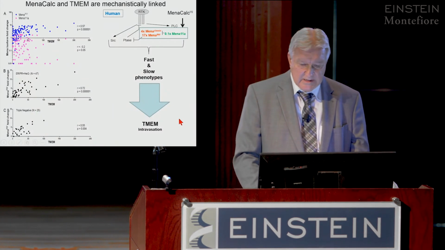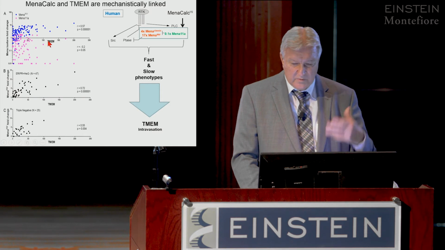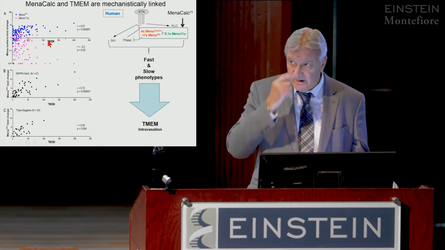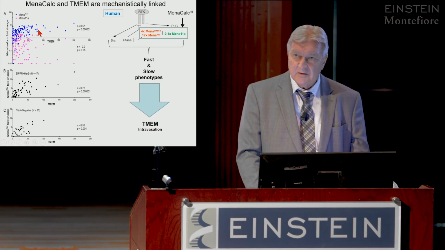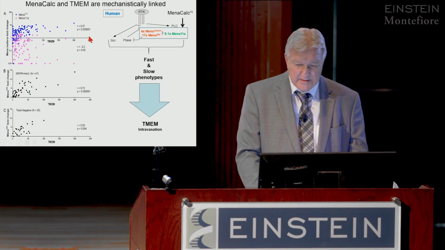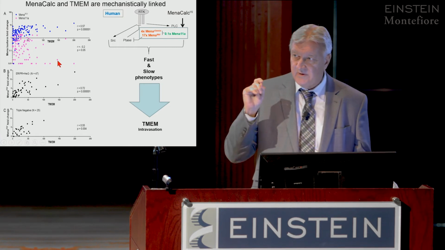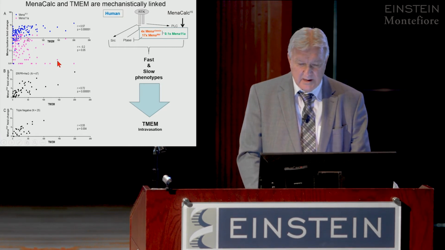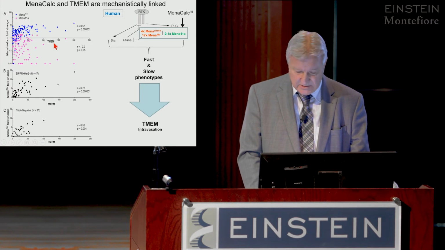So it turns out that MENA-calc and TMEM are mechanistically linked. So Maya, who's one of the team leaders, Maya Akhtai, is a cytopathologist, so she can go and take a biopsy of these patients. There's 120 patients in this study, and get a score for MENA invasive, get a score for MENA 11A from the FNA biopsy. And then the tissue is scored histologically for TMEM using that test I just showed you.